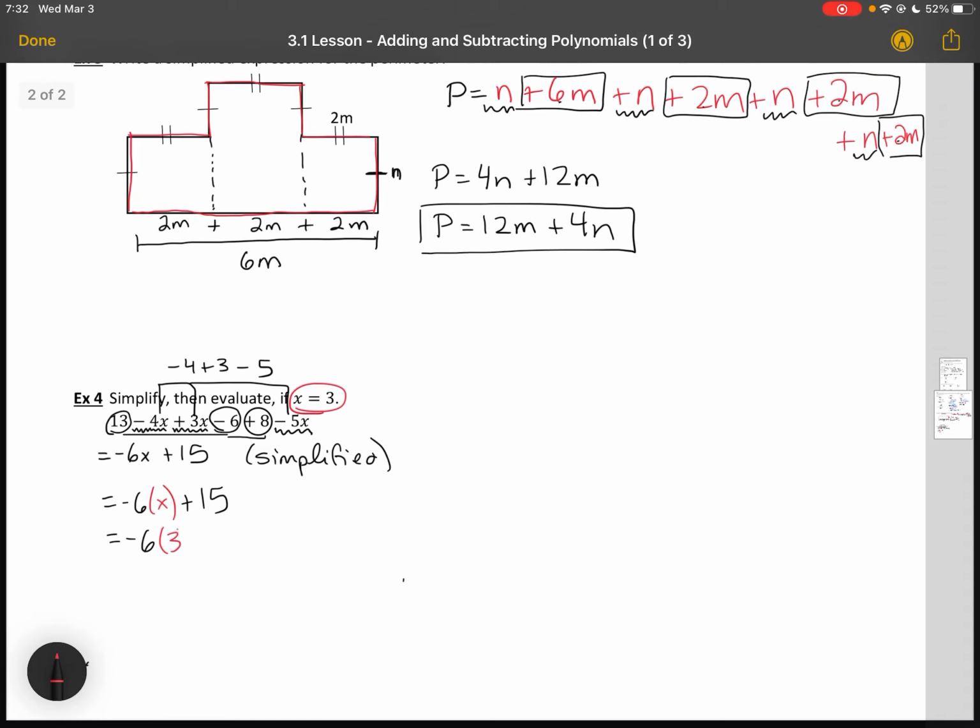So I'm just using red so that you can see where that 3 goes. This is my evaluating stage. And now I've got minus 18 plus 15 is equal to minus 3. This is my evaluated expression after I have simplified, substituted, and then evaluated.